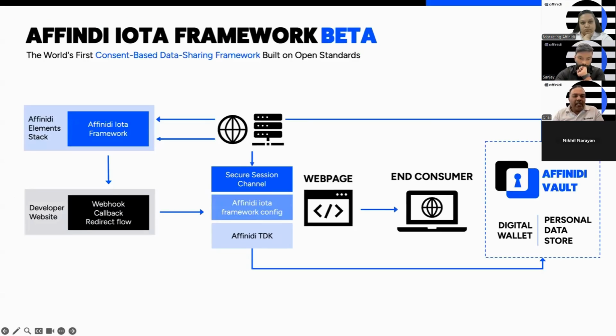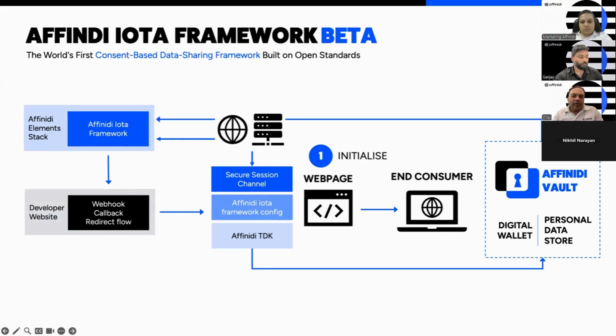At a very high level, it involves basically 4 steps. You initialize: in the app that the developer is building, they would import the IOTA library and initialize with the IOTA config ID obtained from the developer portal, right? We'll see how the developer portal looks. Sanjay will show us. The resultant session could be used to create a data request from the Vault. The request will take a query ID from the developer, which would also be configured in the portal.